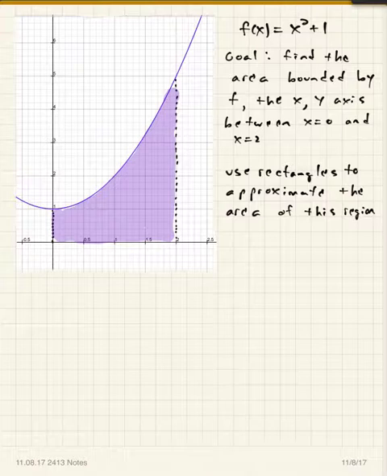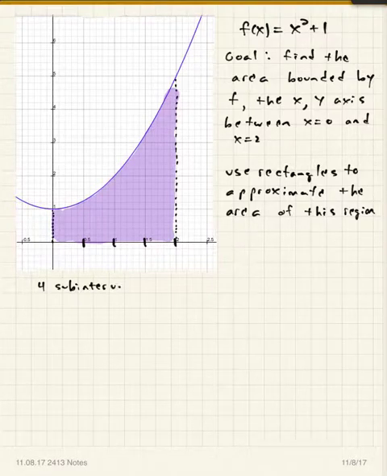Okay, so what we're going to do is divide up the x-axis into intervals. We're going to divide it up into 4 intervals here. These are sometimes called subintervals. We're dividing the interval from 0 to 2, and so these would all be called subintervals. 4 subintervals.